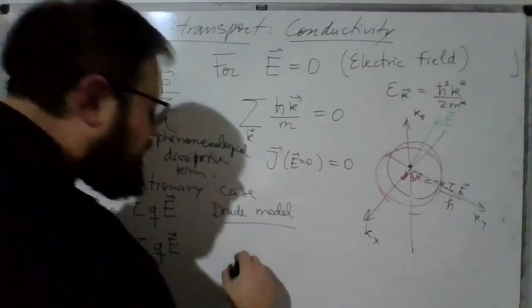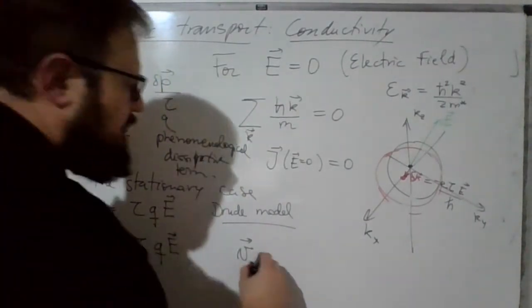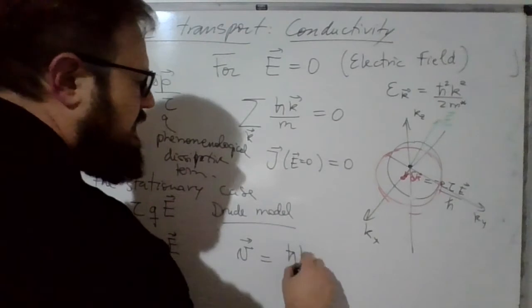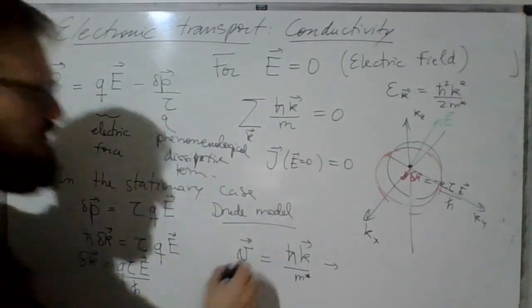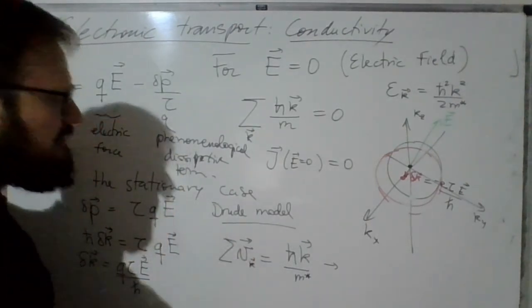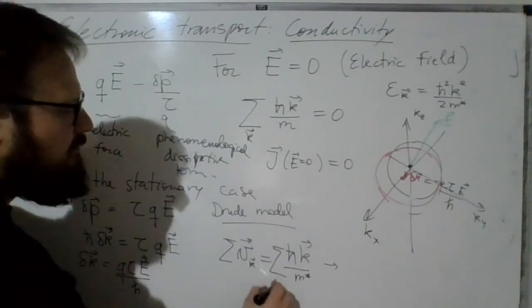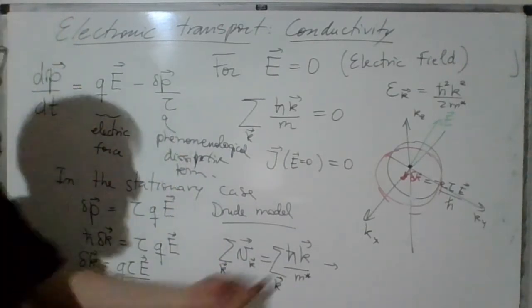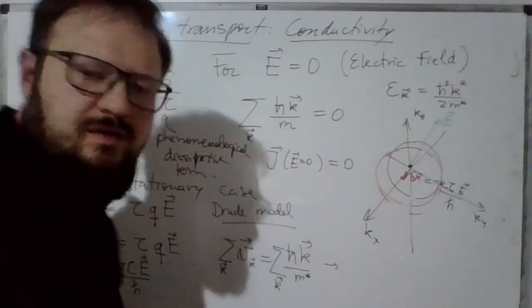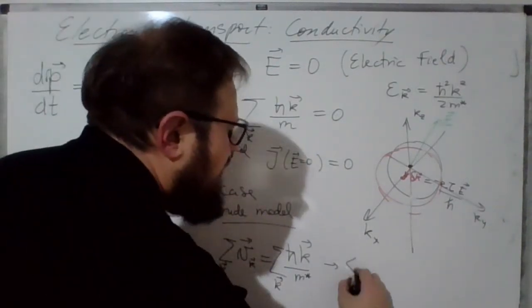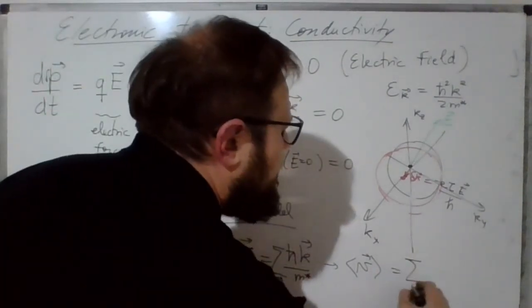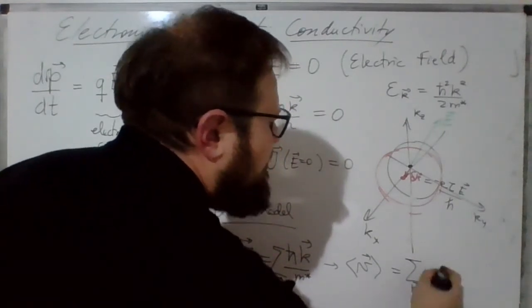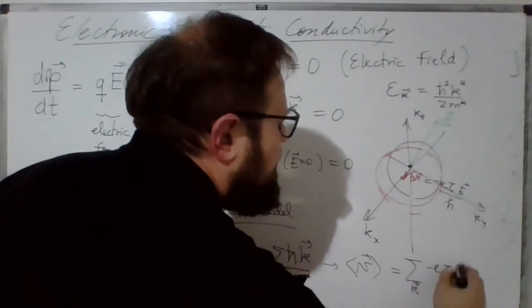This way, our velocity operator, which corresponds to h bar k over the effective mass, if you sum over all the allowed values of k, the original values produce zero, but now the average velocity produces something like a summation over all the values of k of the same amount, minus e times tau times the electric field divided by h bar.